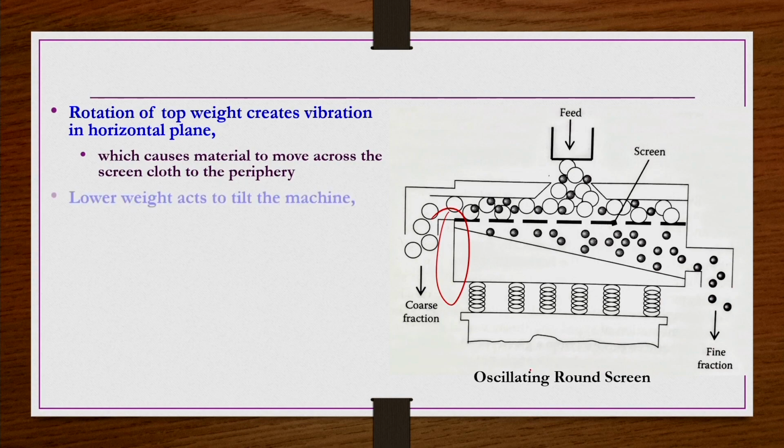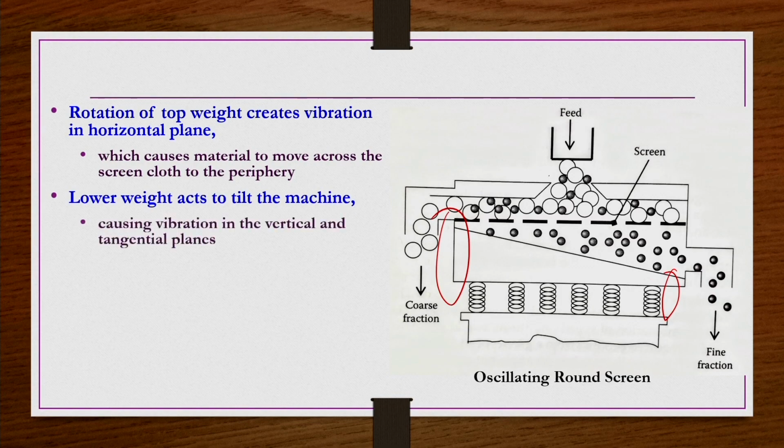Okay. Then the lower weight acts to tilt the machine, and because of that, vibration is caused in vertical and tangential planes. So, because of the different weights at the two ends of the motion generating shaft, we have vibration in the horizontal direction as well as in the vertical and inclined tangential directions.